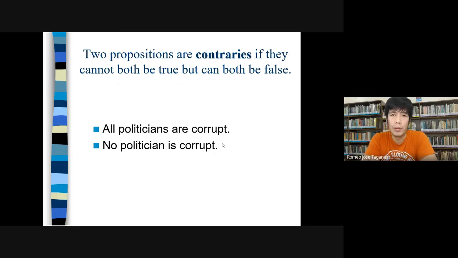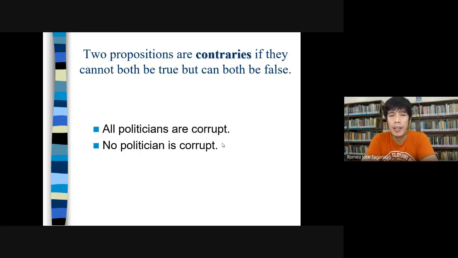Tapos, yung second proposition, no politician is corrupt. Sa una, lahat ng politicians ay corrupt. Yung pangalawa, walang politician ang corrupt. Ano ibig sabihin nun? Okay, hindi maaaring pareho silang tama, pero maaaring parehong mali ang propositions.